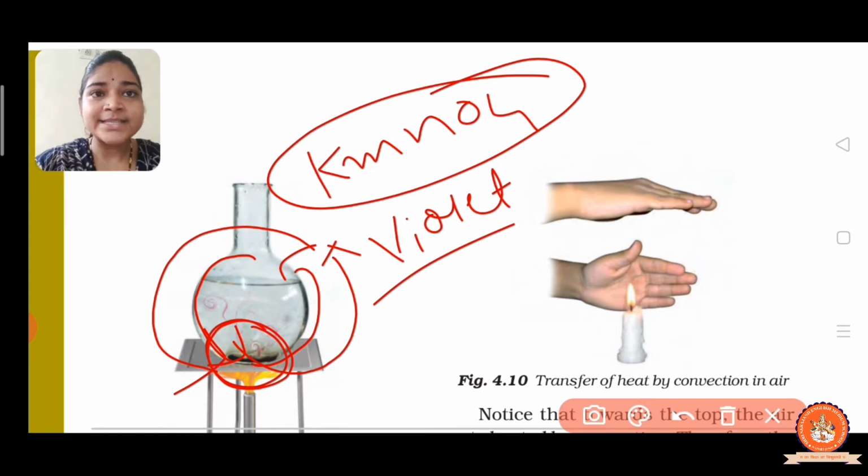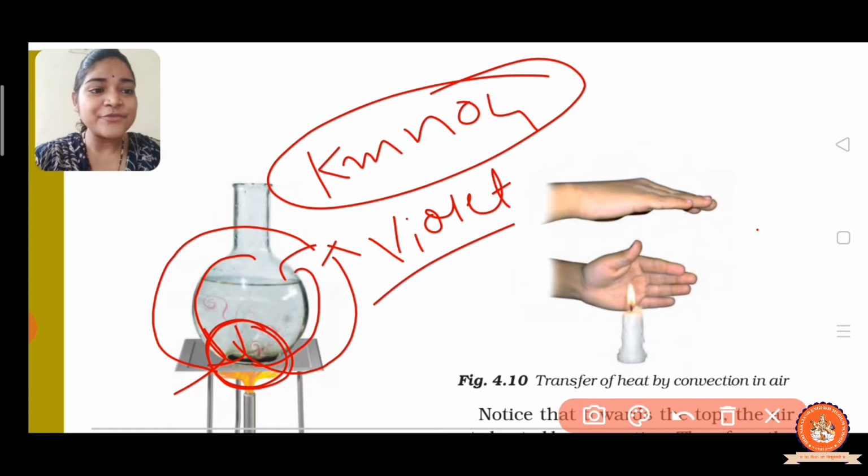This process continues until the whole water gets heated, and after some time the whole water turns violet. So here we conclude that heat is transferred in water by the convection method.